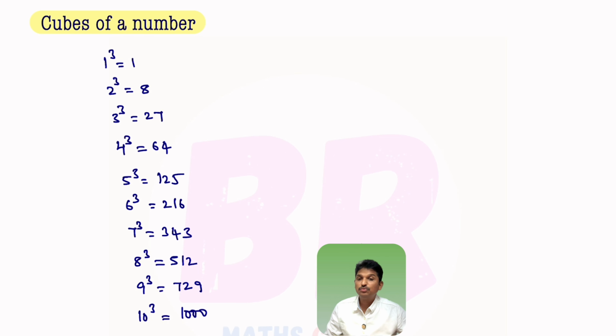Cube of these numbers, if you can remember 11 cube, 12 cube, 13 cube up to 20 cube is very good, right? These are the cubes of numbers we use frequently while simplifying.